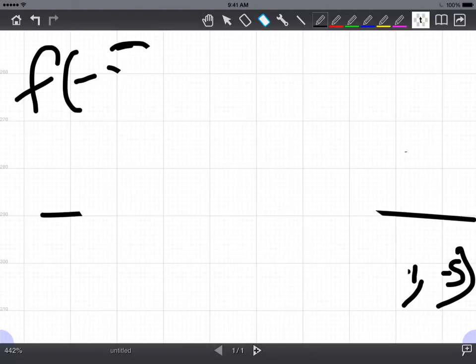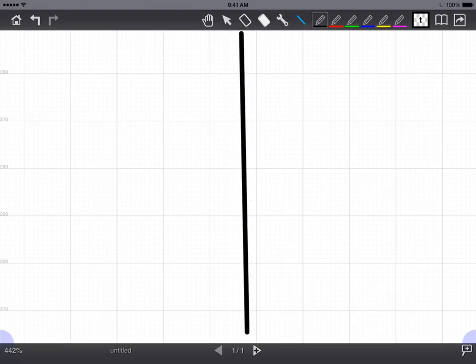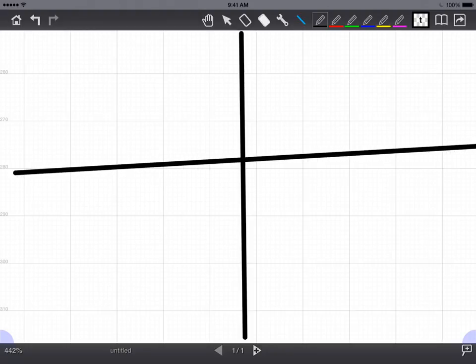Okay, so that should get you a good idea about what even and odd functions are. So I'm just going to draw a few noteworthy even and odd functions that teachers will probably give to you. Sorry, my axis is totally messed up.